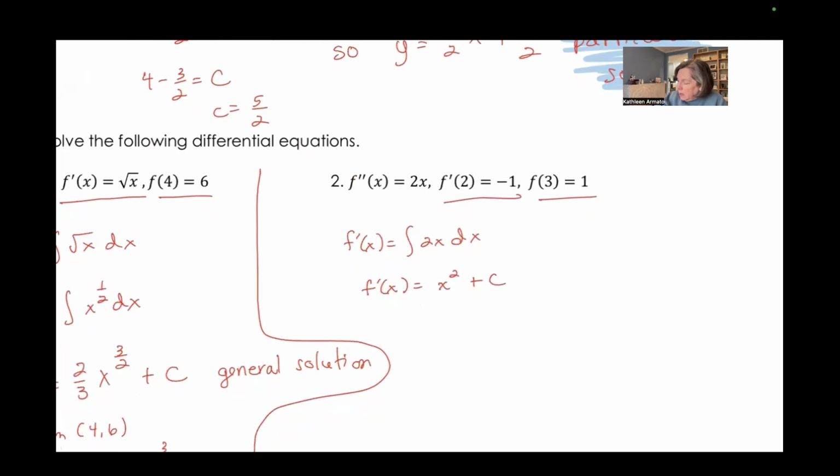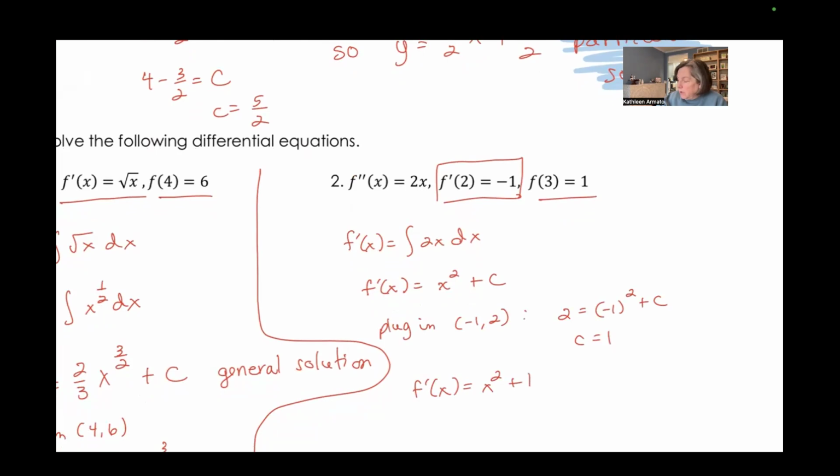I'm going to use this point, so plug in -1, 2. So I have 2 equals -1 squared plus c. That means c equals 1, so the first derivative is x squared plus 1.